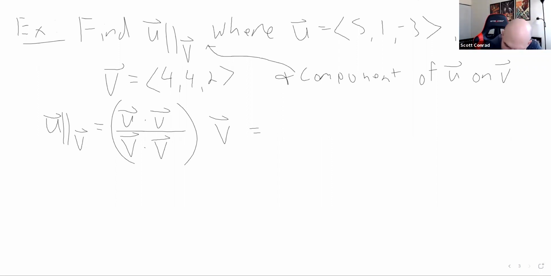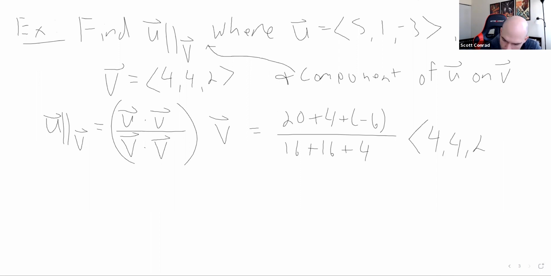So we get 5 times 4, which is 20, 1 times 4, which is 4, and -3 times 2, which is -6. V dot v, multiply the components together, add them up. So we get 4 times 4, which is 16, 4 times 4, which is 16, and then 2 times 2, which is 4. And then that's times the vector 4, 4, 2.